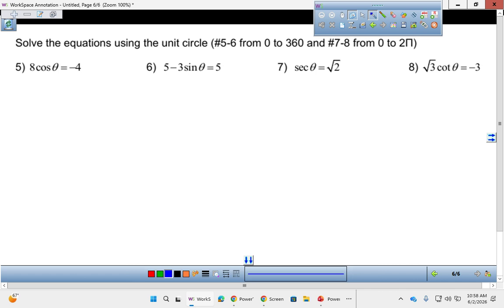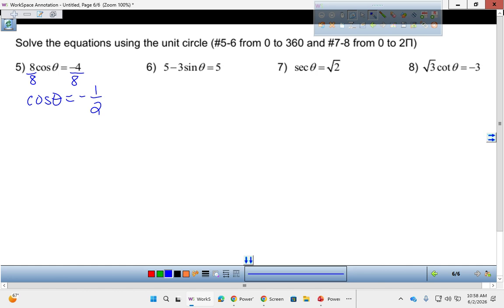So the first thing you do, we did these yesterday, the first thing you do is you get rid of, so negative 4/8 is the same thing as negative 1/2. There is no negative 1/2 on the unit circle, right? So I need a reference angle for this. I need something to refer to.